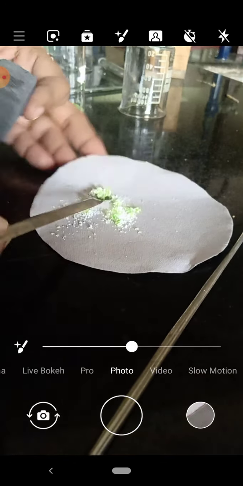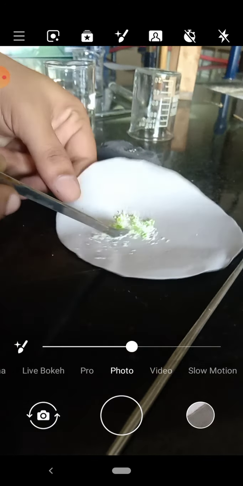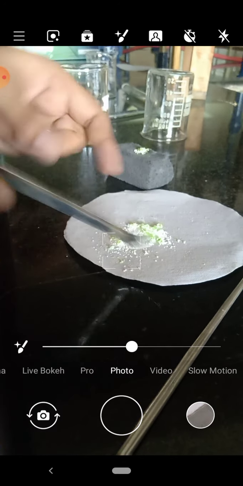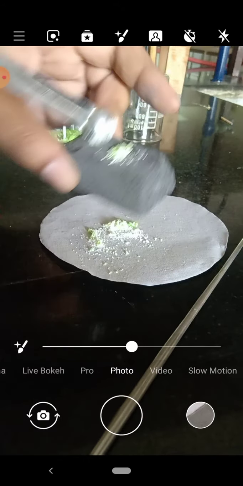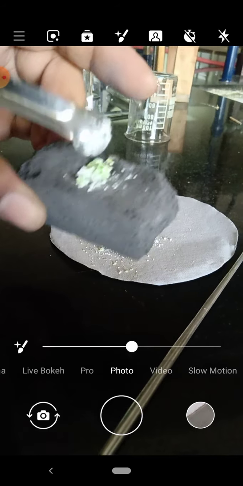Don't take our mixture only, you have to mix it with sodium carbonate. This test you have to observe carefully. See, this is called filling of salt in a charcoal cavity.